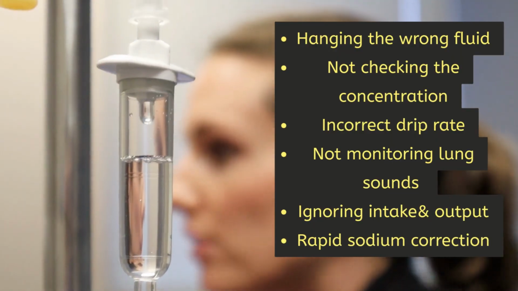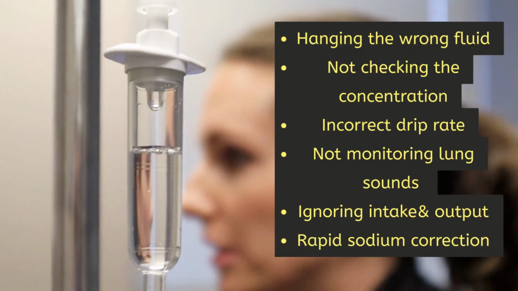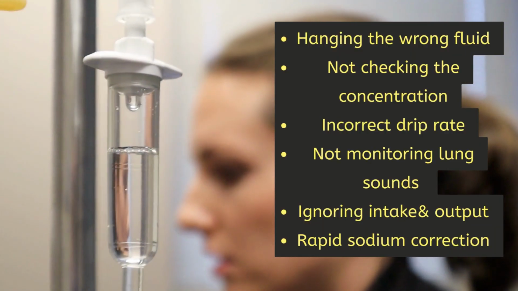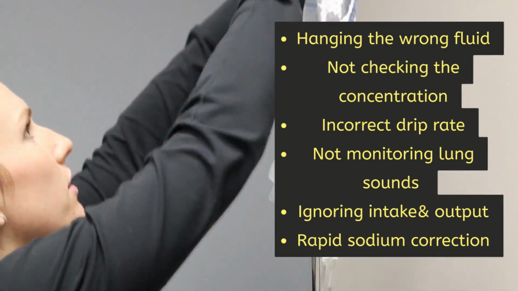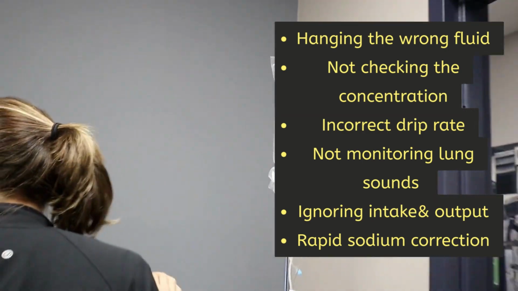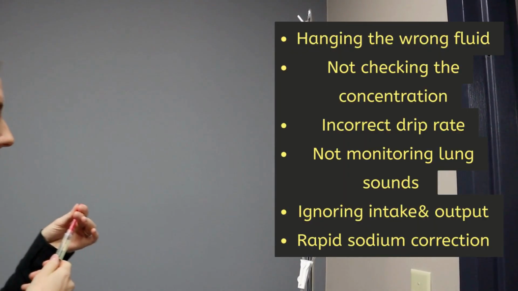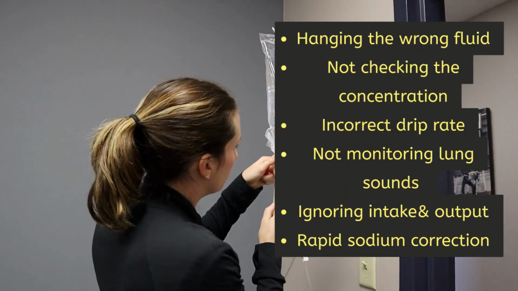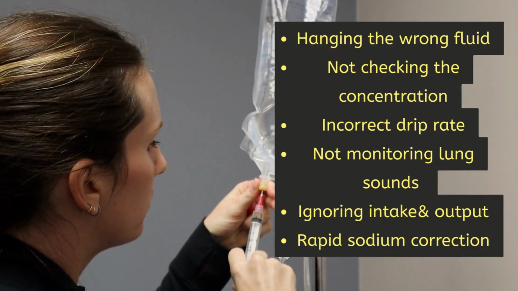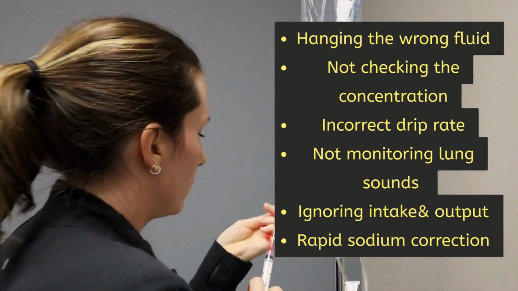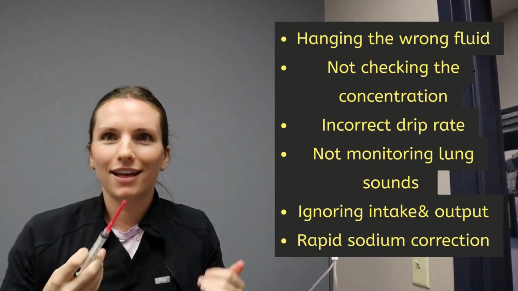You are not recording the intake and output of the fluid. It could be very dangerous to the patient. You don't know the amount of fluid that is being stored in the body and the amount of fluid that is being excreted. We have giving hypotonic fluid in shock, rapid sodium correction, and then remember, IV fluid is a drug, so you must always take note of the adverse reactions.